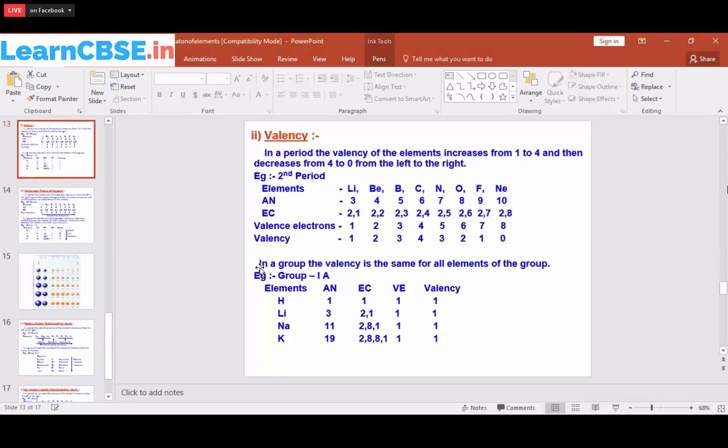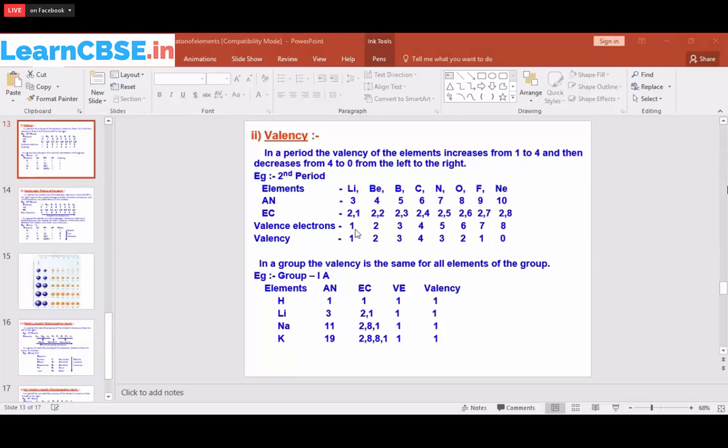We are not bothered about how many electrons are in the inner shells, like the first shell, because that is completely filled and will not come into the picture of reactions. Only the outermost electrons start losing or gaining. The first one is lithium, 2, 1. The valence electron is only 1.